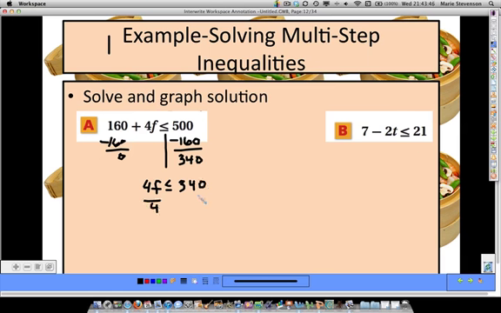Divide by 4. Now, we're doing our division step. Since I'm dividing by a positive number, I do not have to flip my inequality. And 4 goes into 340 it looks like 85 times.